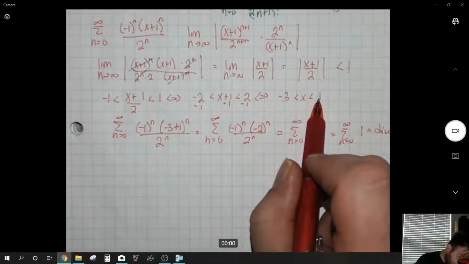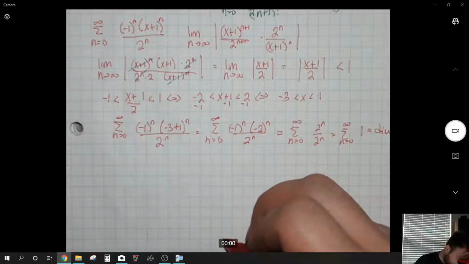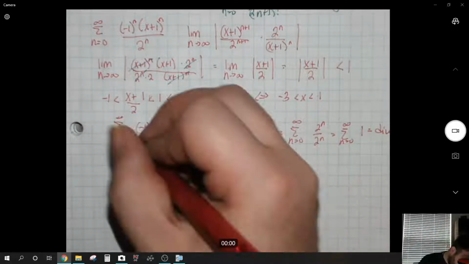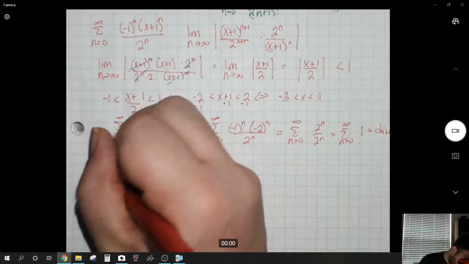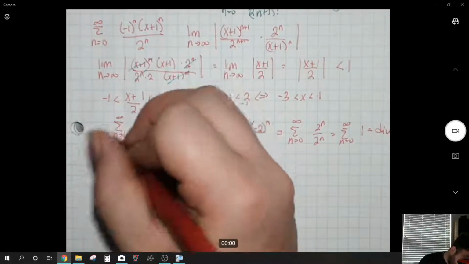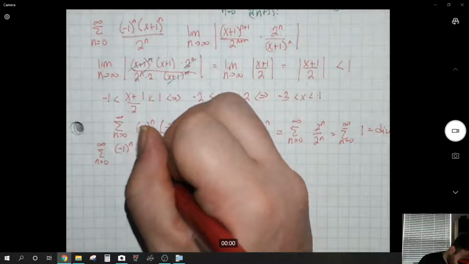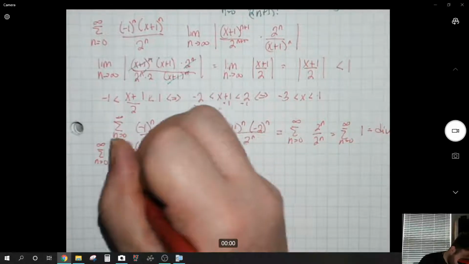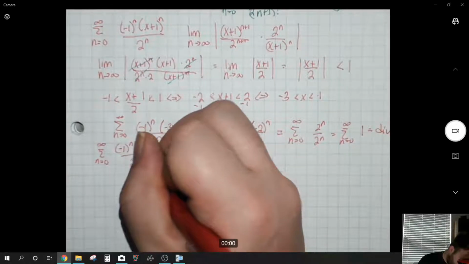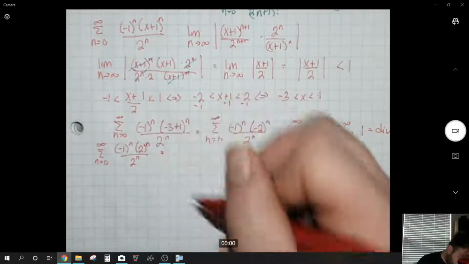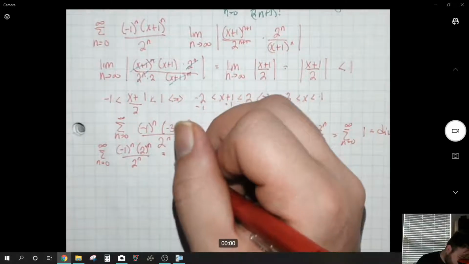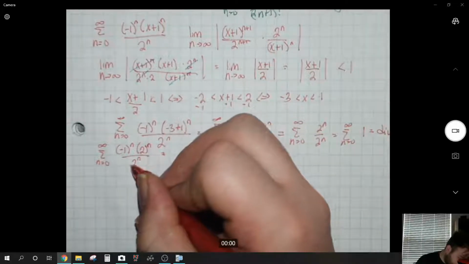So now let's plug in 1 and see what happens. Plug in 1, we get 2. Well, now that's going to simplify with that.